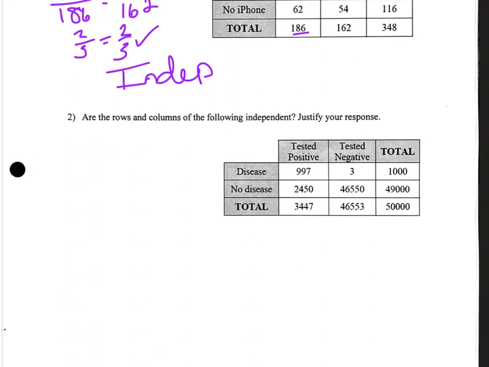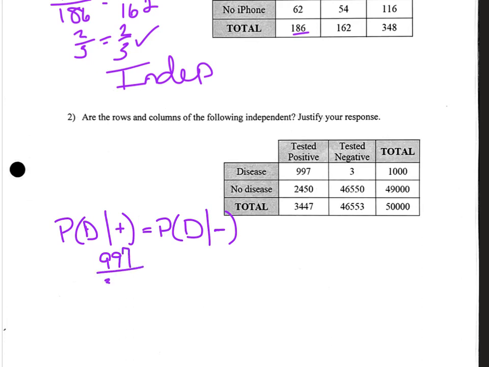Okay, last one that we'll try out is this one. Hopefully it's blatantly obvious that it's not independent, but you just have to go and prove it. The probability that they had the disease given they tested positive is equal to the probability that they had the disease given they tested negative. I'm choosing the one with the 997 and the 3 because it seems like it would be obvious that it's not.